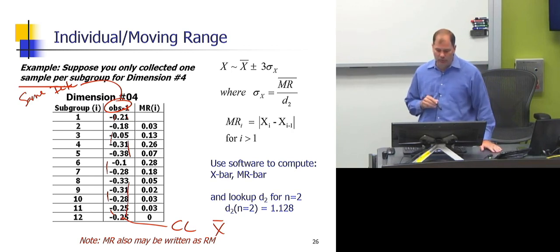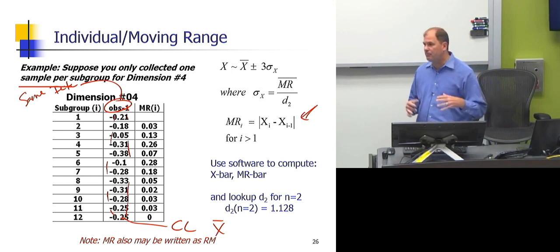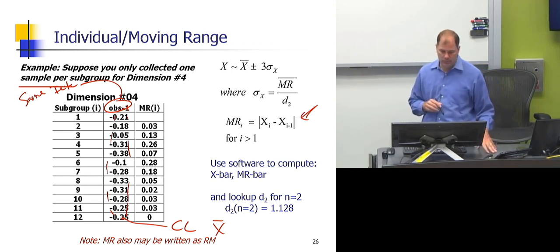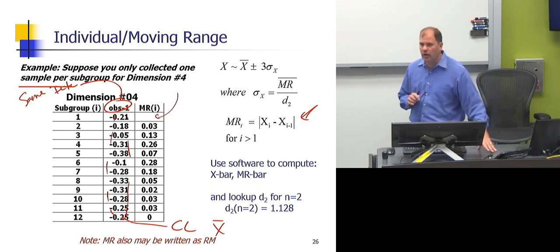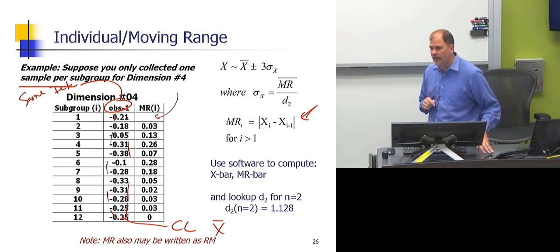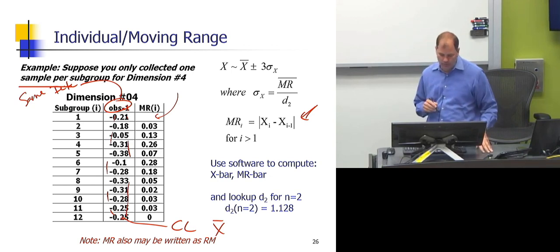Now I'm going to need moving ranges. A moving range is just the absolute value of the difference between consecutive points. You'll notice that there is no moving range for subgroup 1. Why is that? Nothing to compare. You have to start with subgroup 2 versus subgroup 1.